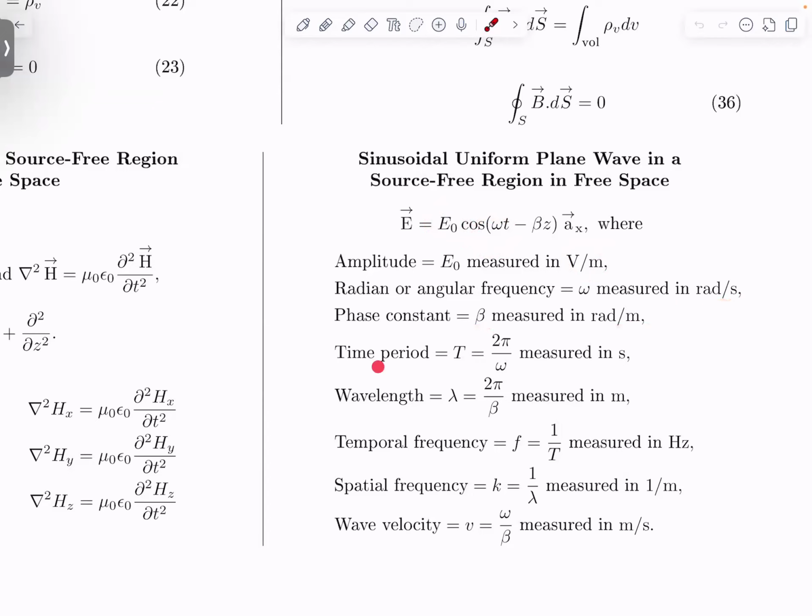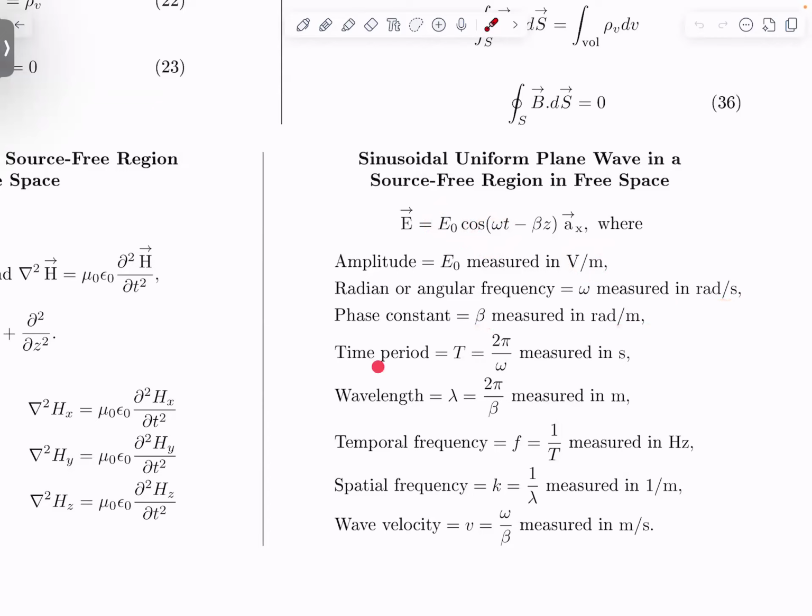And we have wavelength, denoted by lambda, which is related to the phase constant beta. Temporal frequency is denoted as f, and it is 1 over the time period. And so we have 2 independent variables, t and z. One is time, one is space.